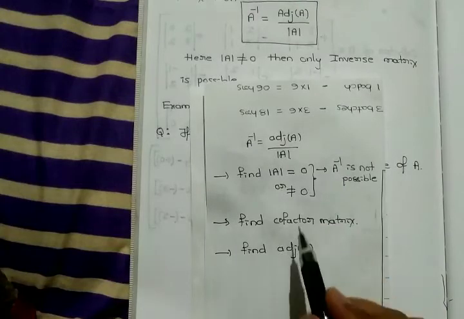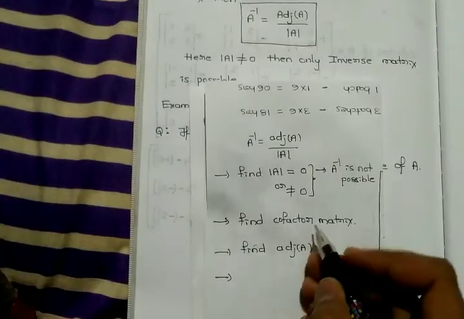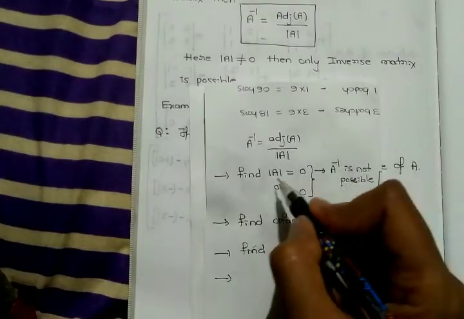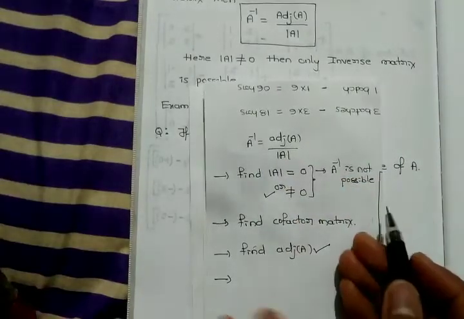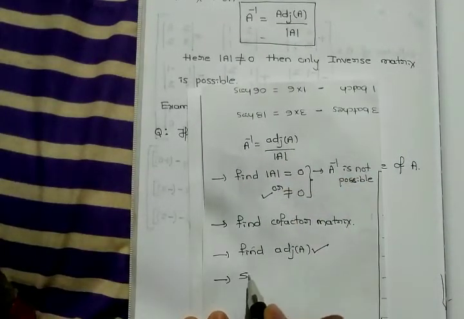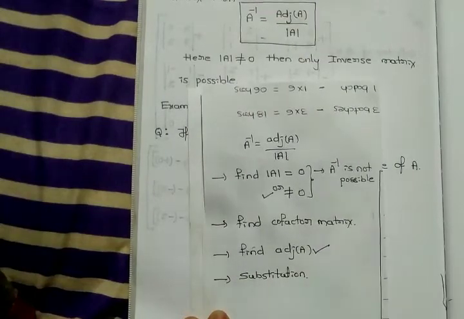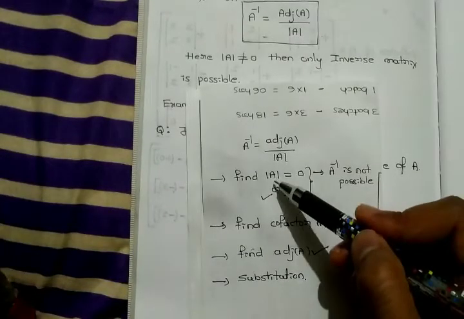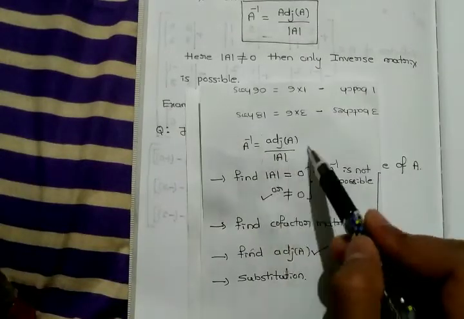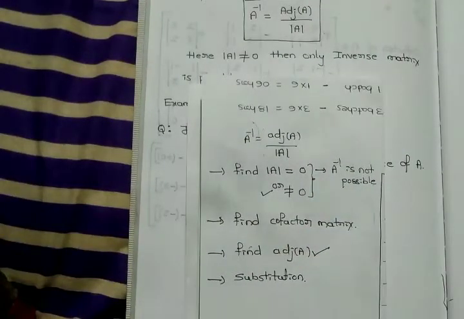Once you get the adjoint of A, the last step is substitution: substitute the adjoint of A value and the determinant of A value in the given formula. You will get the A inverse value, that is, the inverse matrix.